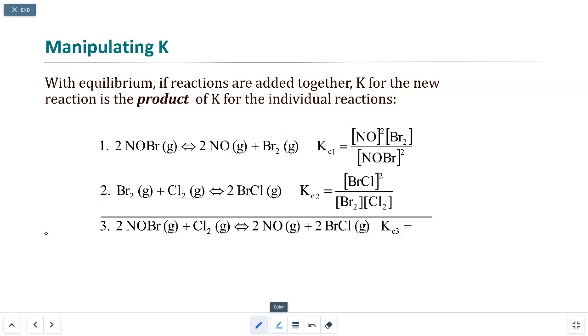So Kc3 should be equal to the concentration of nitrogen monoxide squared multiplied by the concentration of bromochloride squared over the concentration of nitrous bromide squared and the concentration of chlorine, not squared.